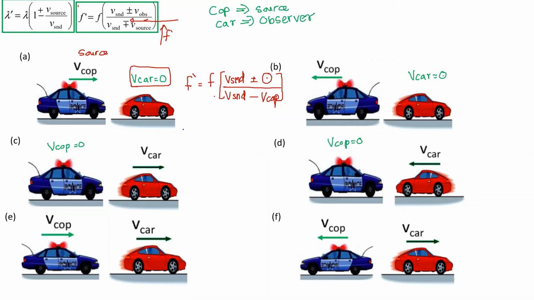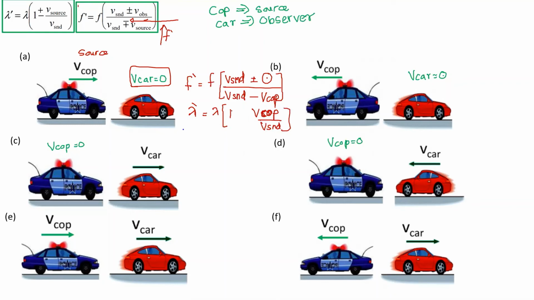So you have the equation. Can you tell me the lambda equation? Look at the distance and determine what is happening. V cop is the source, V sound. So what should come here? Plus or minus?